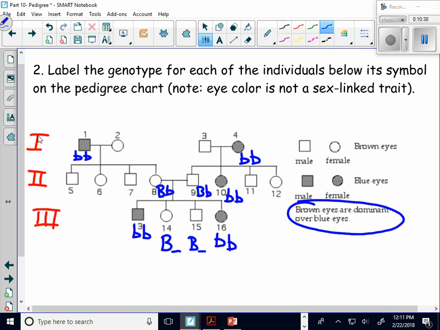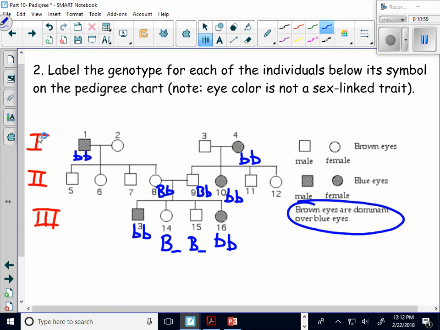All right, we're going to go to 9, 10, 11, 12, right in that area. Now, I look there, I see 9, 10, 11, 12. What gives us our biggest hint?